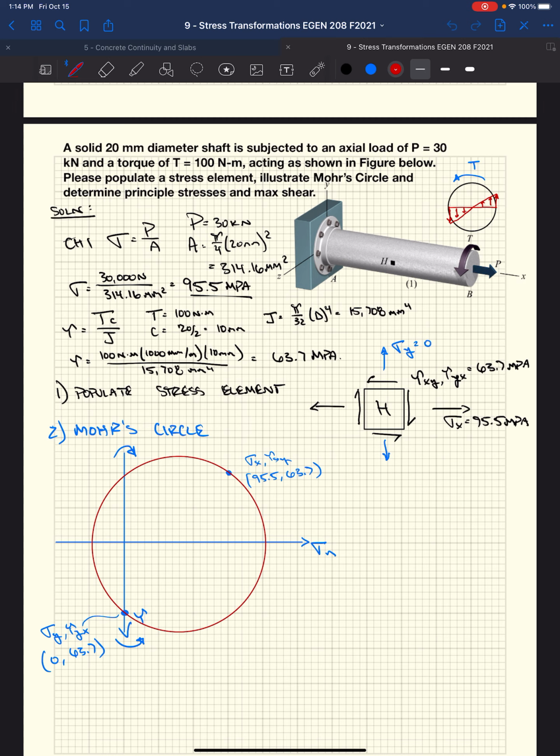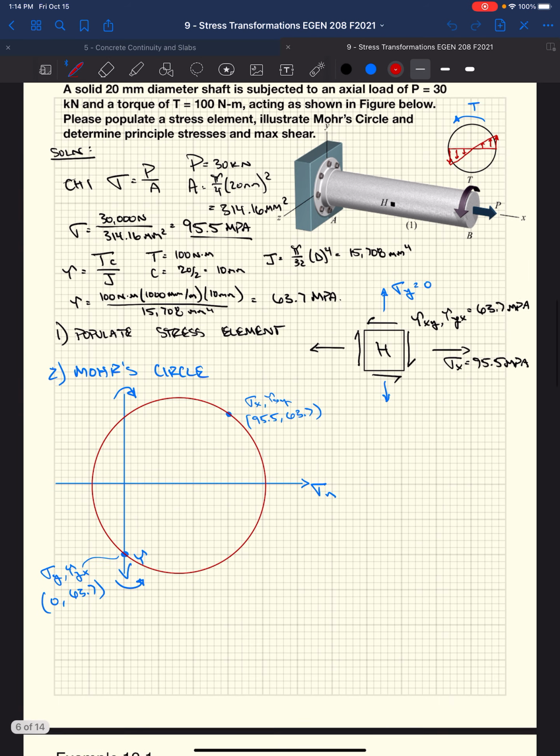We input those into Mohr's circle, and that allows us to see visually and to transform those initial stresses to our maximum stresses, right? Principal stresses being the ones where we don't have any shear stress. So that's our two normal stresses on our x-axis. And then we have our maximum shear stress, which is the top and bottom of our Mohr's circle.